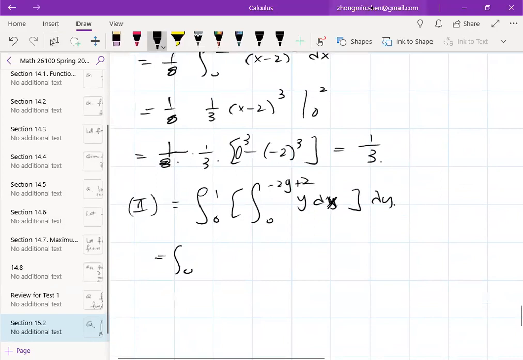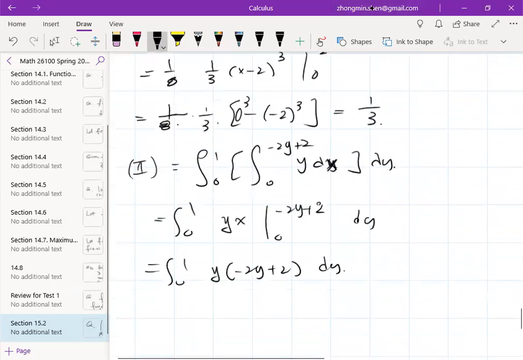First of all, y is constant with respect to x, so just y and x. Then you plug negative 2y for x, you get this.